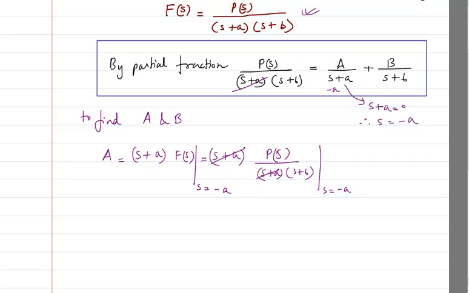Let me again say: if you want to find A, you first look at what is in the denominator, which is s plus a, you cancel that out, and you find the value at s equal to minus a, and you will get the value of A.